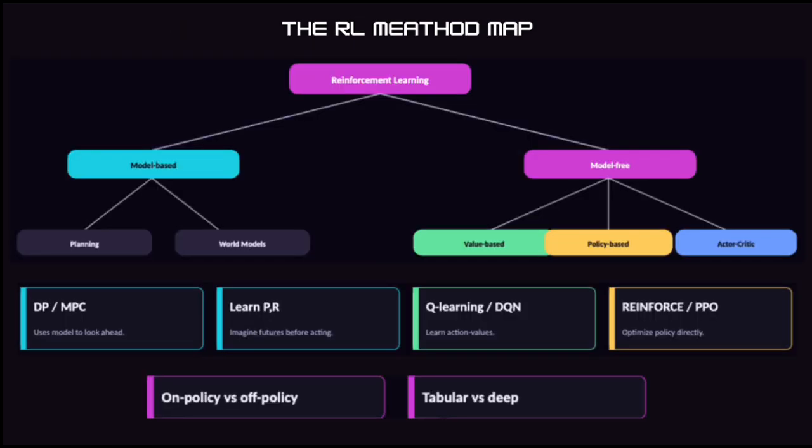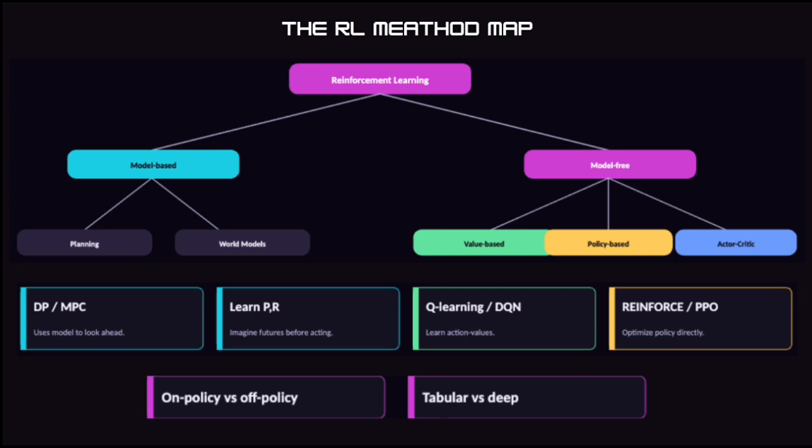All right, so now to the last thing, the reinforcement learning method map. At this point, reinforcement learning should look less like a list of disconnected algorithms and more like a map of ideas. If the environment model is known, dynamic programming can update values by sweeping through states.